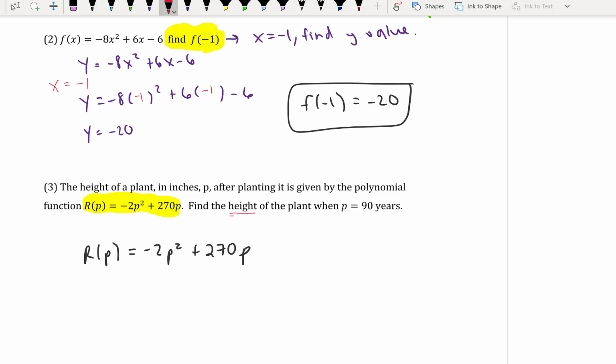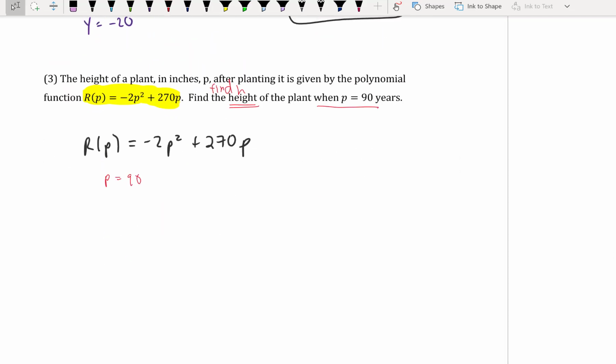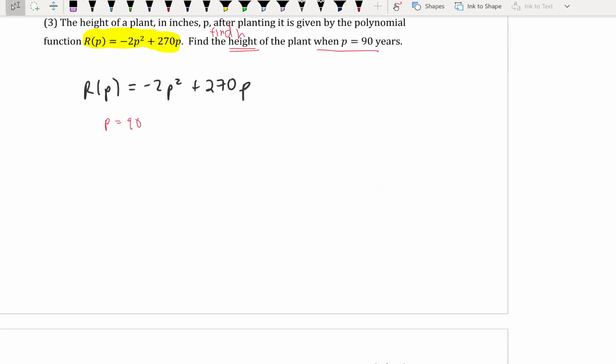And it says to find the height. So let's say height is h. So they want you to find h when p is equal to 90. And so the height is what you're trying to find. So that's going to be your r of p. So you can say that your r of p is equal to your height.